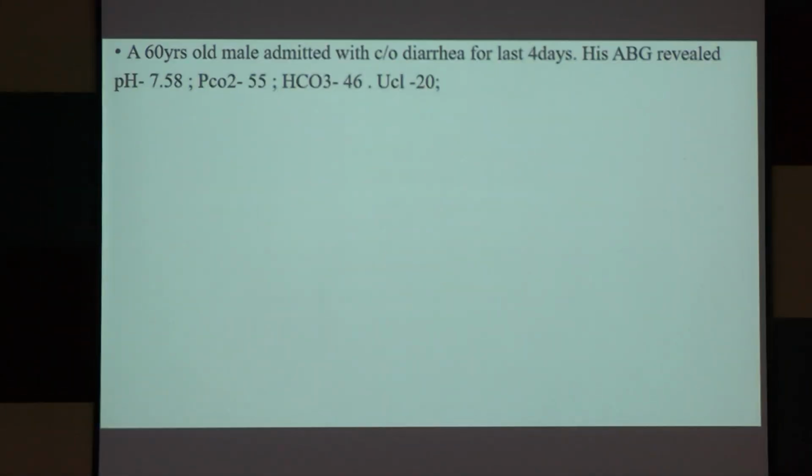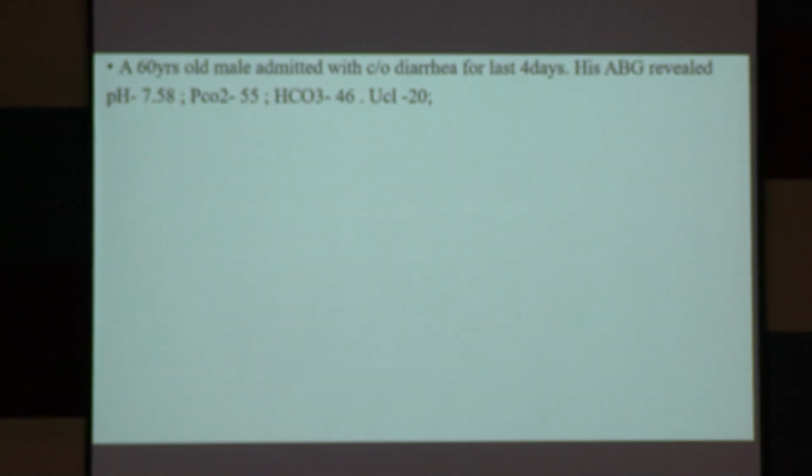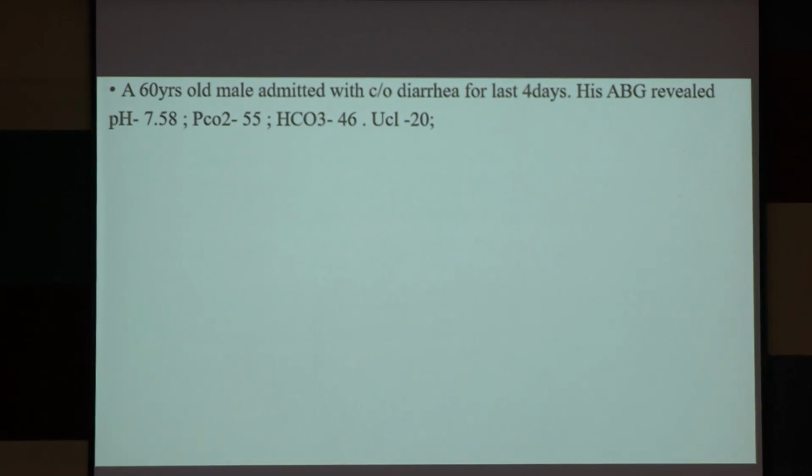So a 60 years old male admitted with complaining of diarrhea for last 4 days. His ABG revealed pH 7.58, PCO2 55, bicarbonate 46 and UCl means urinary chlorine. So this is the chart of urinary chlorine.